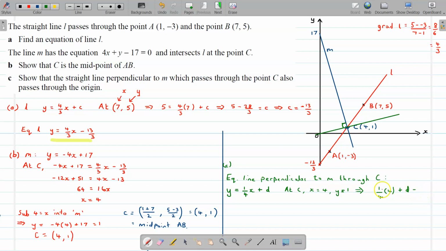Y was 1, so 1 equals a quarter of 4 plus d.